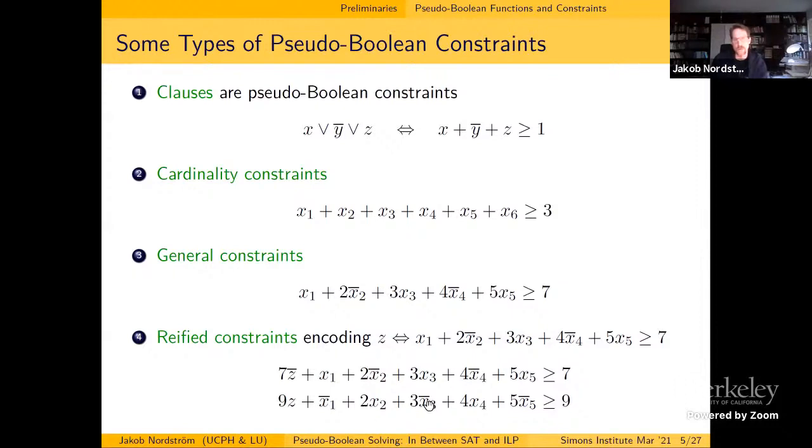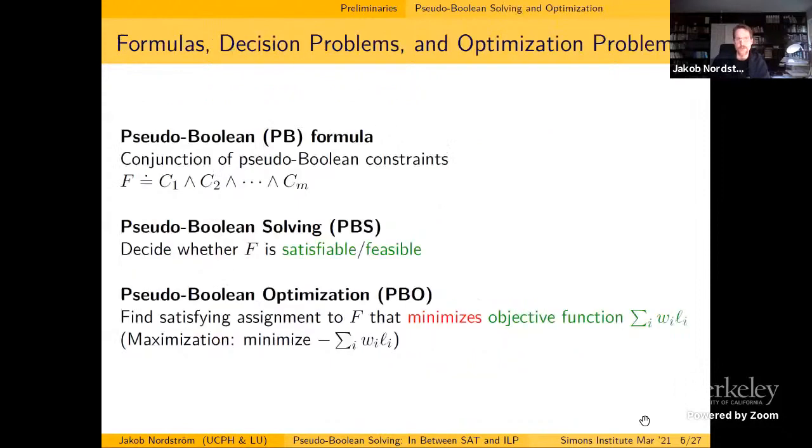And I won't go too much into the details, but the first line is the easiest one to see here, that this says that if z is true, this indeed forces this constraint to be true. And then if you look at the second line and you think a bit more, then you realize that z false will actually force this constraint to be false. So pseudo-Boolean constraints are expressive and nice to work with.